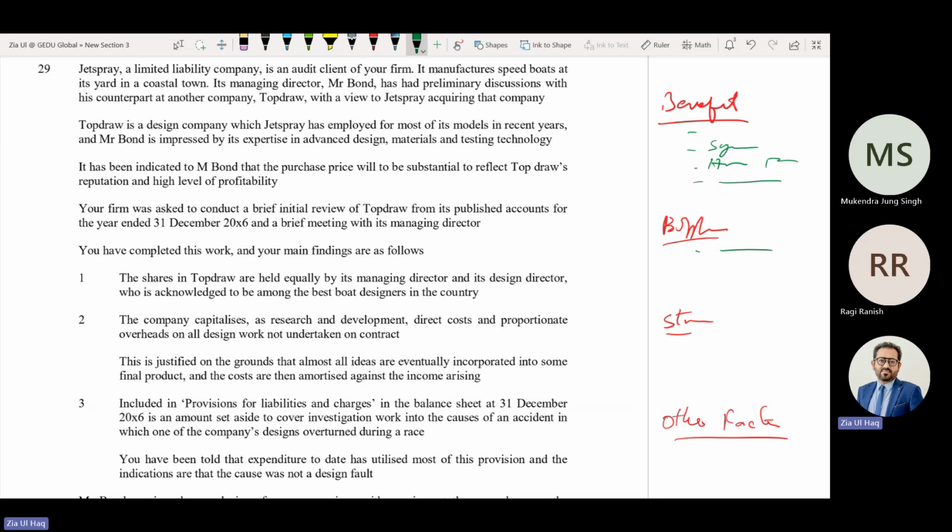And there is another issue. The shares in TopDraw are equally held by two persons. If shares are held by one person, you can influence. It is very difficult to influence two persons, because if you convince one, the other might not agree with that option.